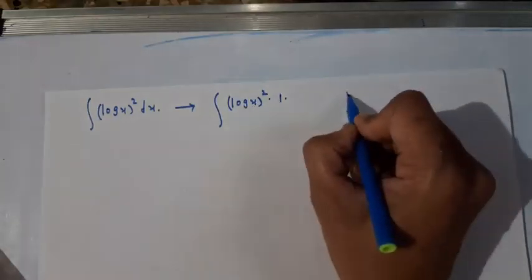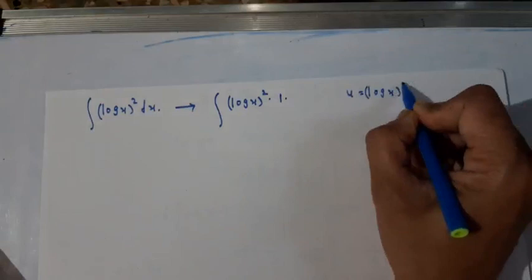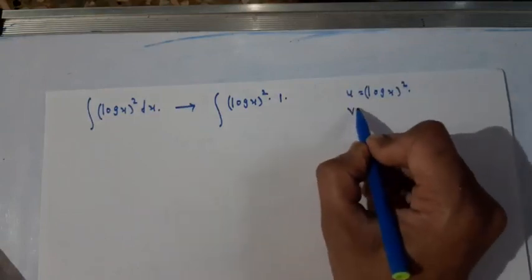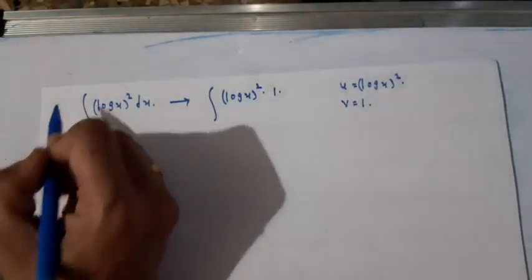Consider the u function as log of x whole square, and the function v is 1.